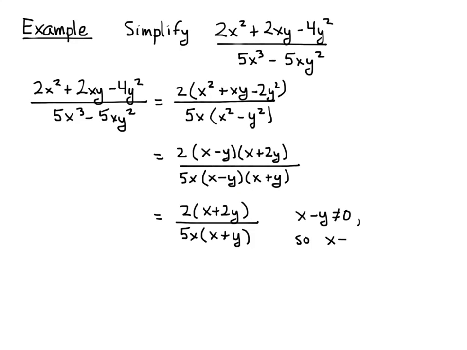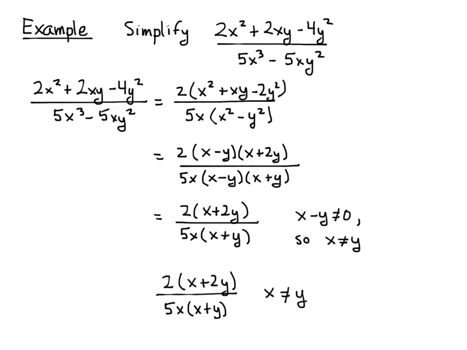If that can't be equal to 0, all that means is that x cannot equal y. And so the way you would write the answer is just write the expression with x cannot equal y. And that retains the proper domain restriction by stating it explicitly.